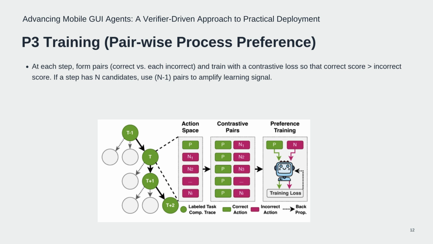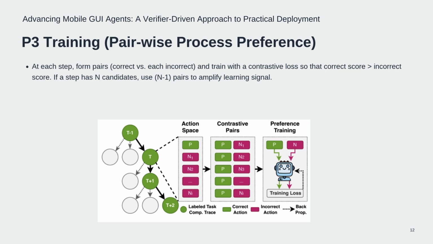the login button, but there were, for example, five other clickable things on the screen that would have been wrong to press. We will create training pairs like press login with press cancel, press login with open menu, etc. For each incorrect alternative, we pair it with the correct action.